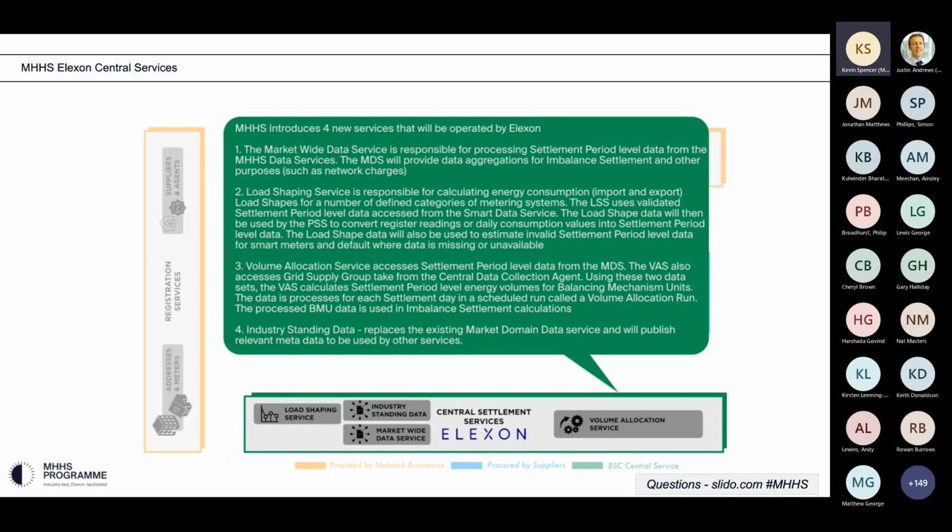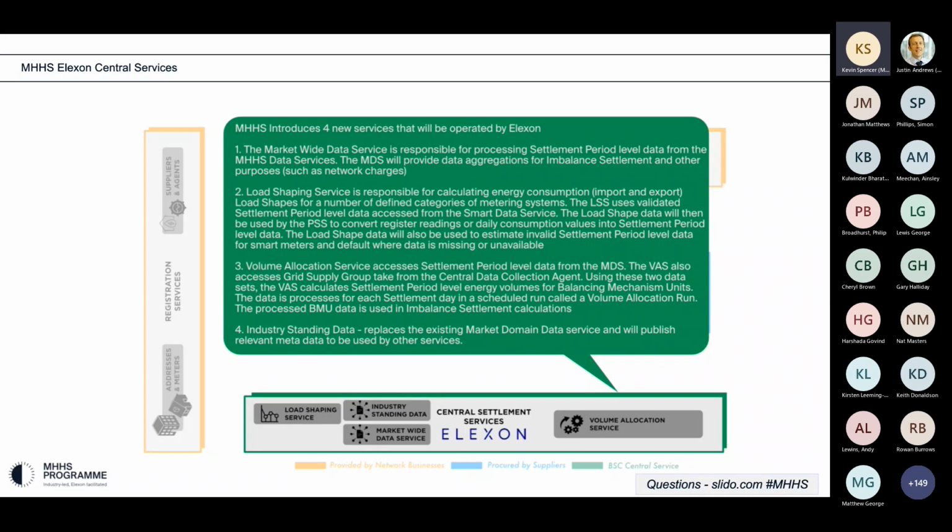So in the current market, we have half-hourly data aggregators that add up the half-hourly data. This role will now be provided by the market-wide data service, and that will add the data up by certain criteria according to standing data or information provided by the registration service.